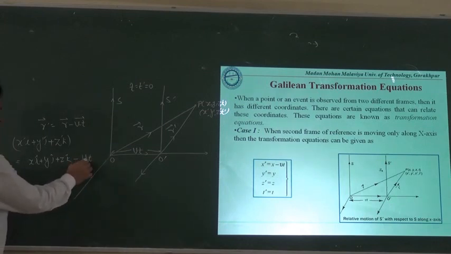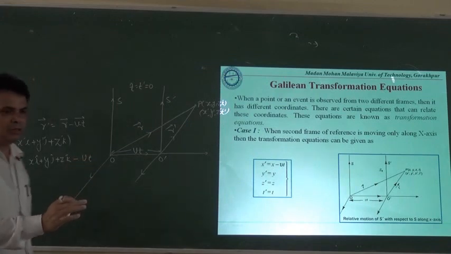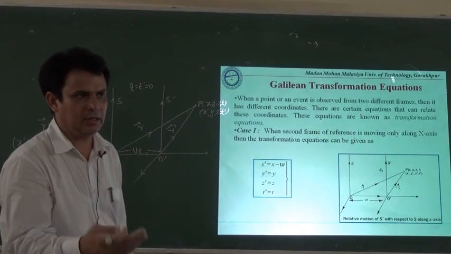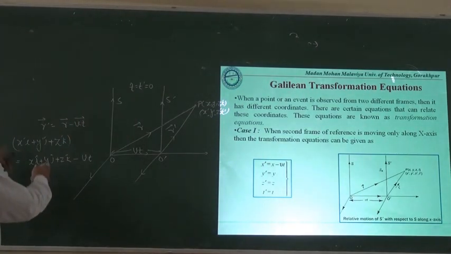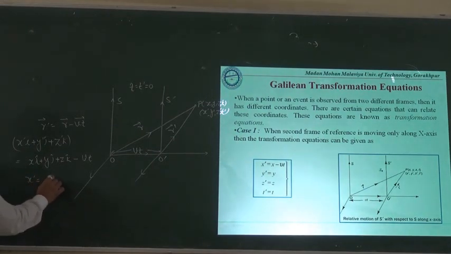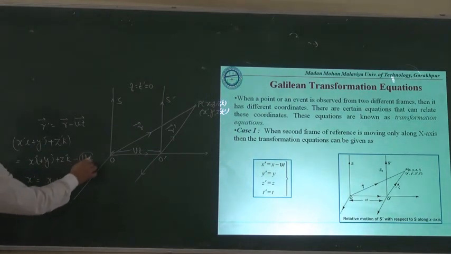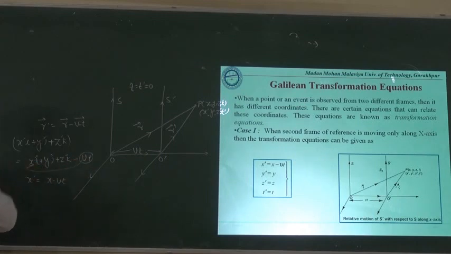This v is only along the x-axis, so there is no need to write suffix x here. If we compare both sides, then x dash is equal to x minus vt because this is only along the x-axis. And if we compare the y component, then y dash is equal to y and z dash is equal to z.